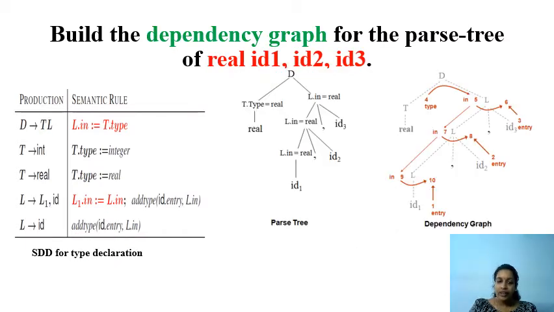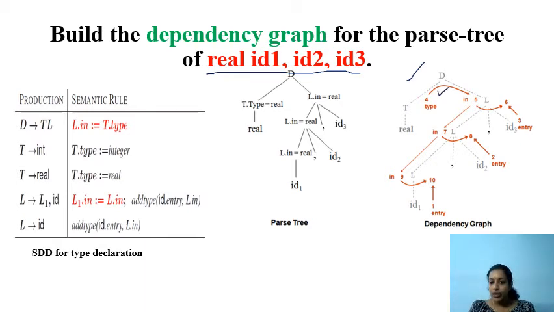Now we can see another example for understanding the dependency graph: real id1, id2, id3. Consider the same SDD for type declaration. This one is the parse tree. When we traverse the parse tree, we get the values of attributes. This graph represents the dependency among attributes. First of all, T gets the value real, and from T, L takes the value, so that is this arrow.